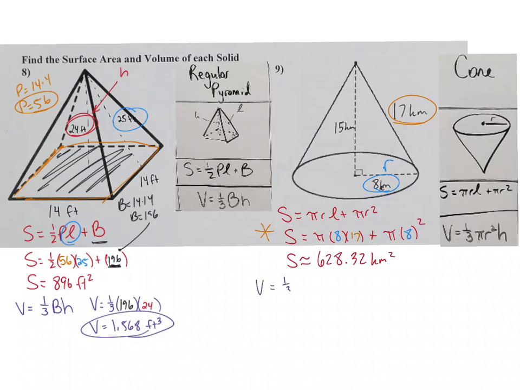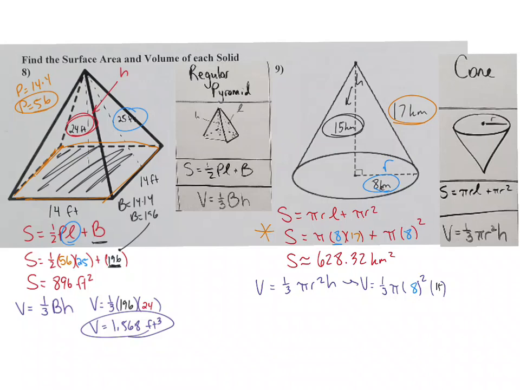Volume is equal to 1/3 pi r squared h. So I'm going to write it without any letters, 1/3 pi, and I'm going to put parentheses. Now I know r is 8, so I'll put 8 in right there. Remember, h is actually going to be 15. This is my height, so I'll put 15 there.